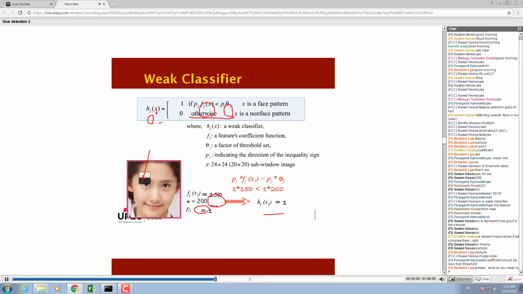Let's consider this example. This is a face image, definitely, 100% a face. So the y value of this image x will be 1 in the database.